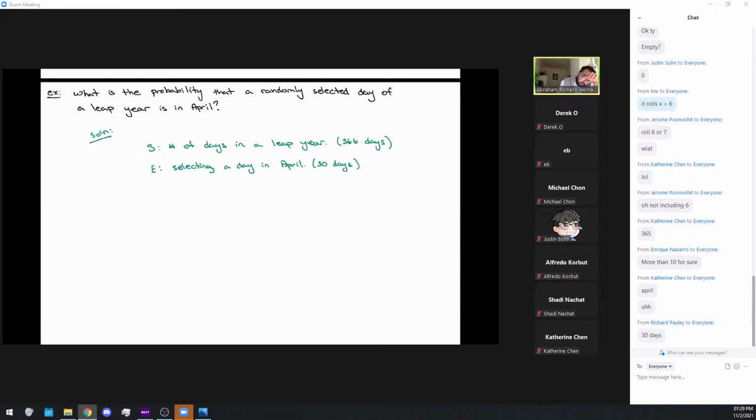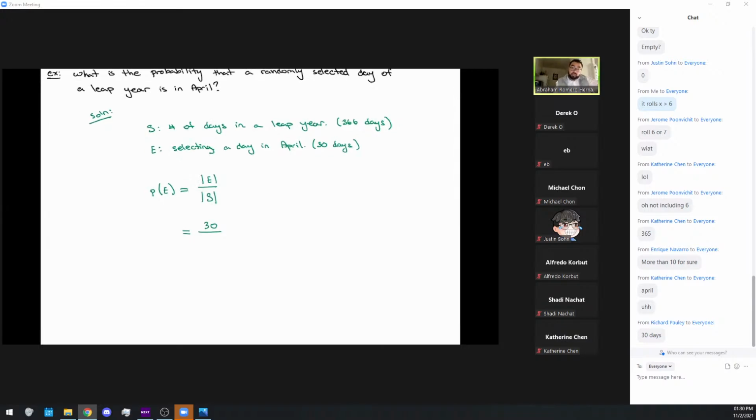Okay. So my probability of the event is the cardinality of E over the cardinality of S. The number of days in E is 30, divided by the total possible outcomes. In a year, there are 366 possible outcomes.